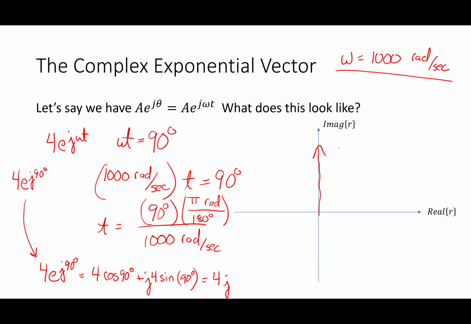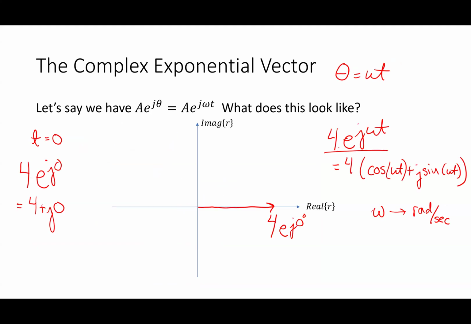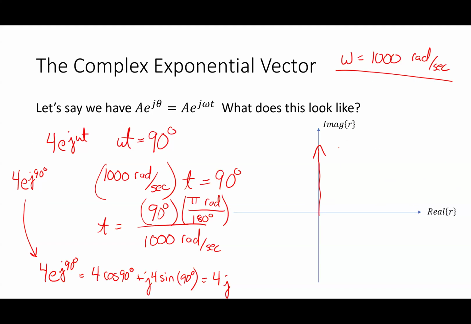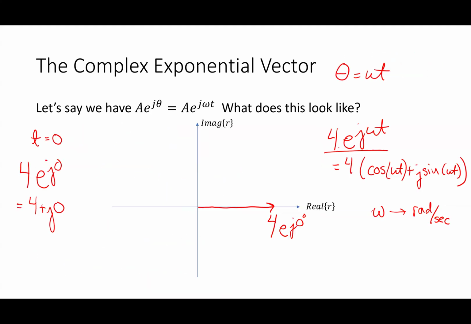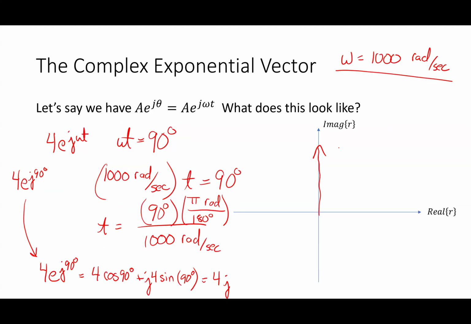Okay. So what happened here? When t was equal to 0 seconds, this guy was the vector pointing purely on the real axis. By the time that the time moved up so that omega t was equal to 90 degrees, now that vector is pointing straight up. It rotated, right? As time advanced, it rotated. Which direction did it rotate? Counterclockwise, right?